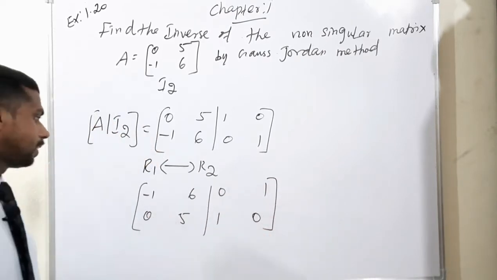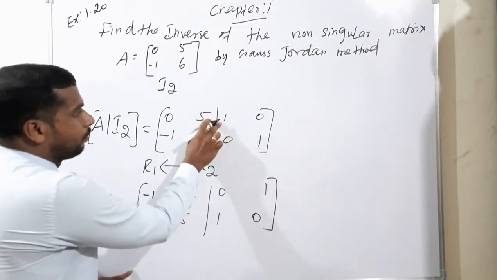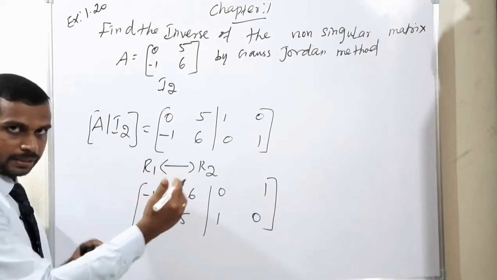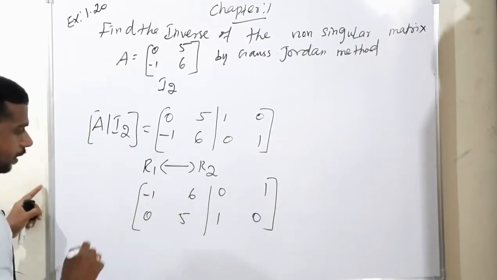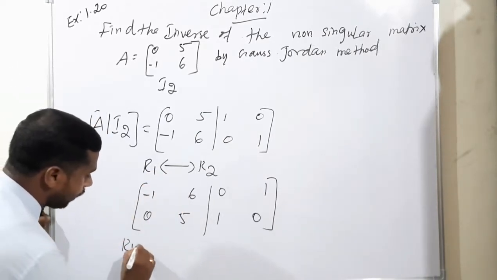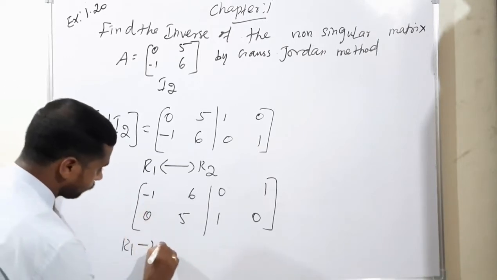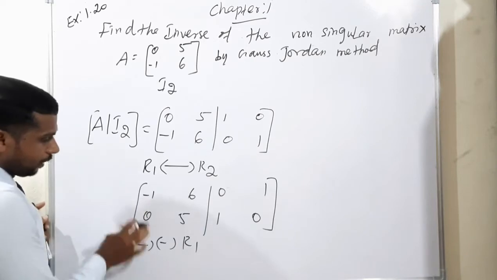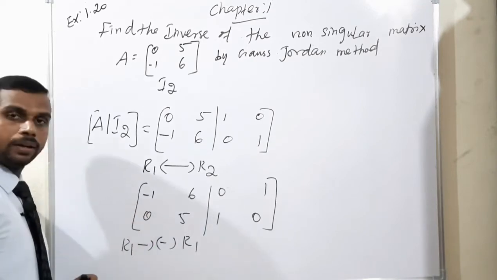So after rearranging, the leading diagonal should always start with a positive 1, isn't it? Identity matrix means 1 starting. Here minus 1 is there, so we have to rearrange. R1 gives minus into R1. Minus into R1 means each and every time multiplied by minus, definitely a positive value will come.